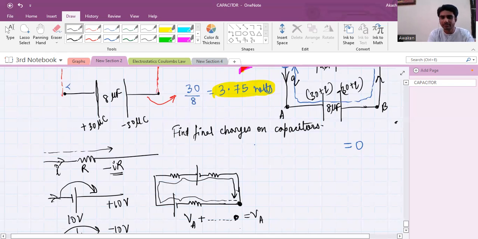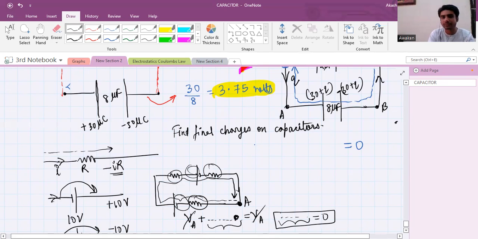We started from A, so we wrote VA for this, something for this, and finally we wrote equals VA. VA gets cancelled, right? So whatever remains, its summation should be 0. Right or wrong? Is it understood or not?